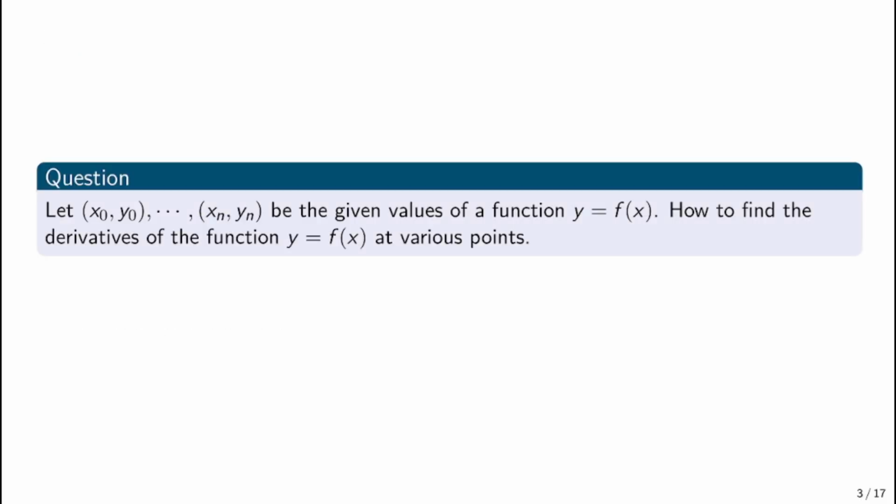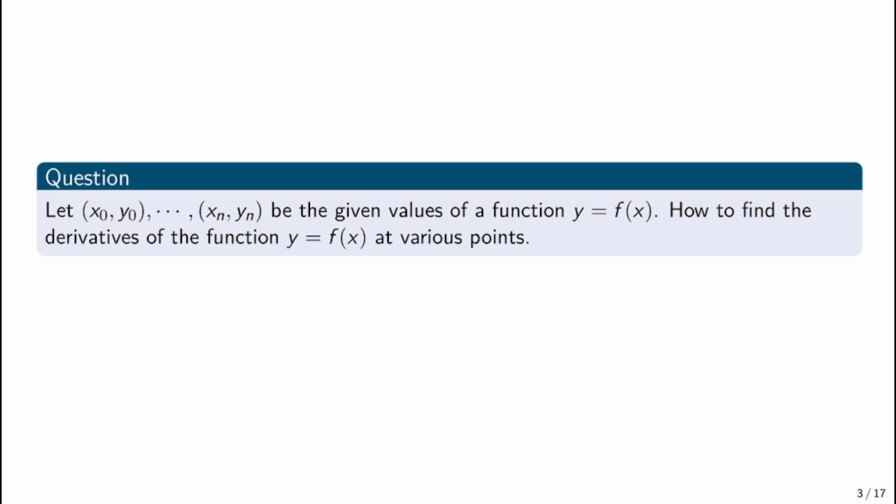Given a table of values x0, y0, x1, y1 up to xn, yn of a function y equal to f of x, we want to find the derivative of the function at various points. Earlier, in interpolation, we were trying to find the approximate polynomial to f of x.